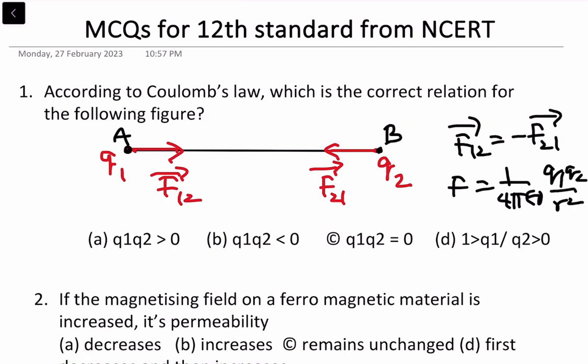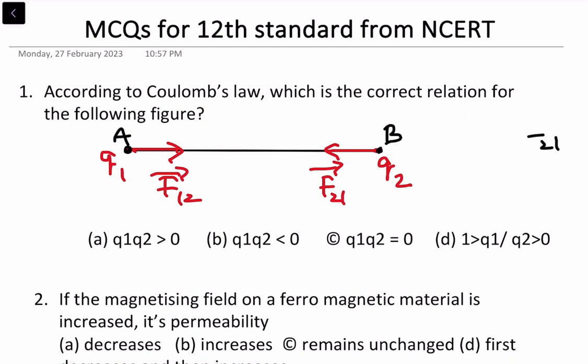Now if Q1 Q2 both are positive, it will be a repulsive force. If both are negative, then also it is a repulsive force. If one is positive and another is negative, then there is a force of attraction. That means either Q1 or Q2 must be positive and the other must be negative.